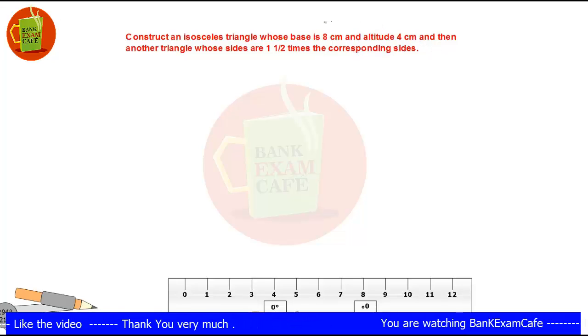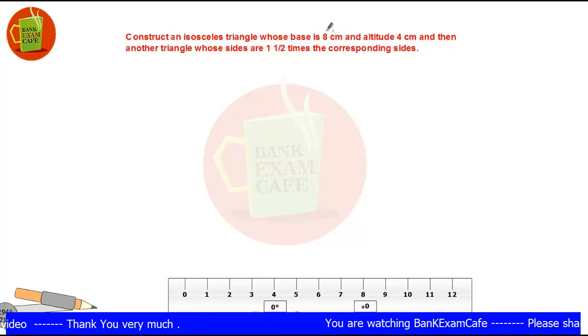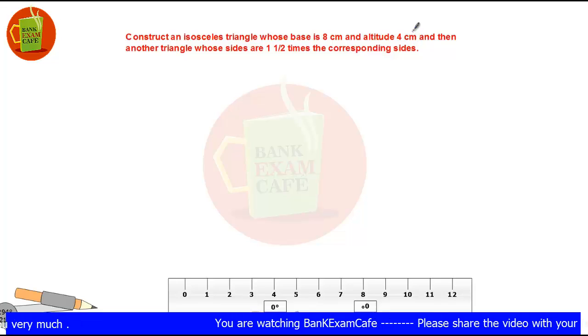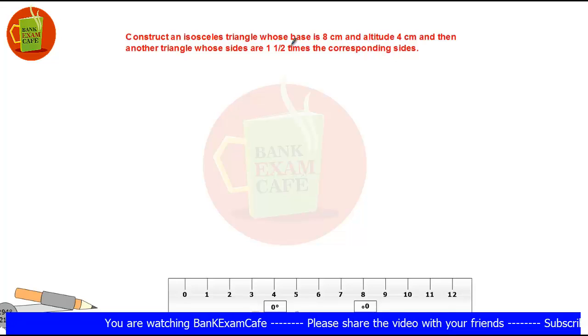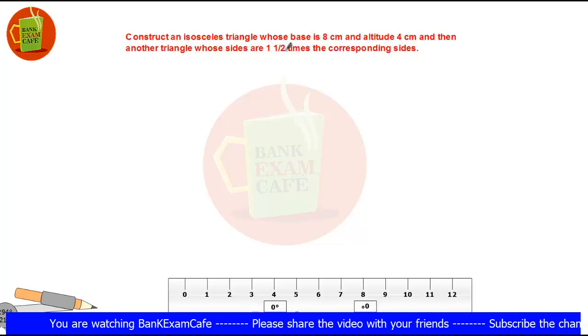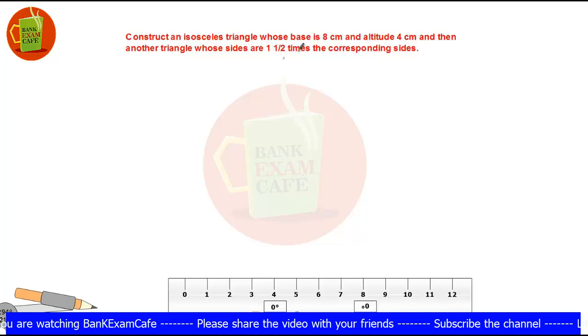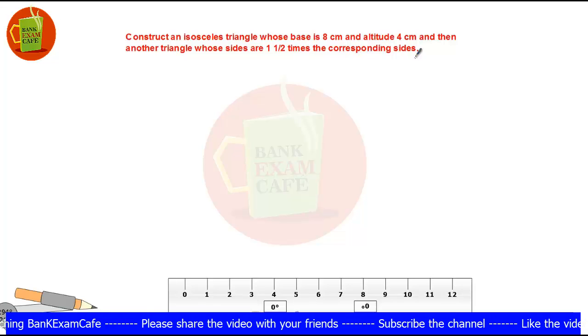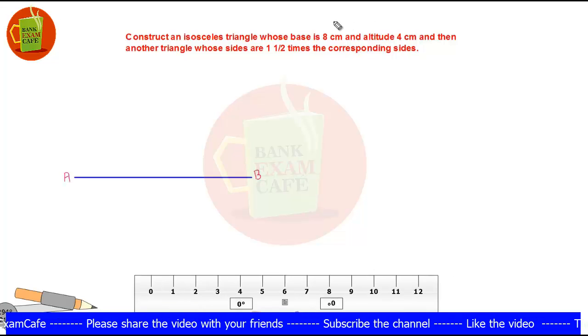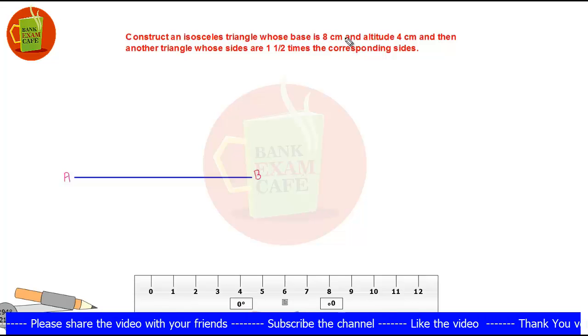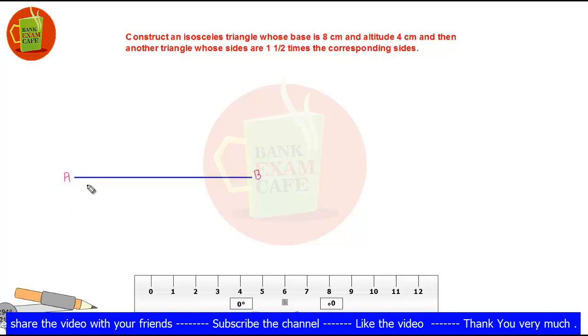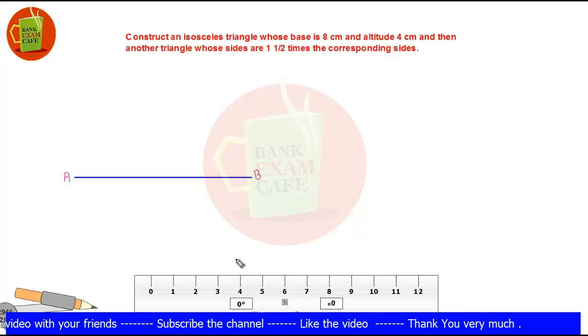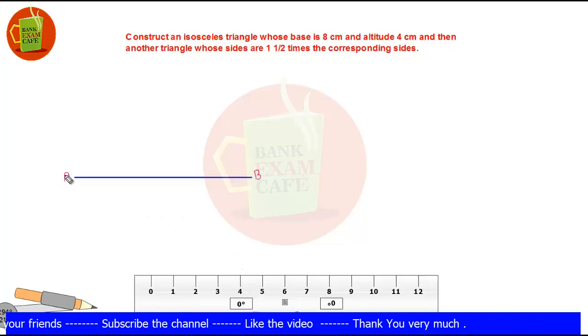Now here the base of the triangle is given as 8 cm, altitude of the triangle is given as 4 cm, and we have to construct another triangle whose sides are 1 1/2, it means 3/2 times the corresponding sides. Since the base is given as 8 cm, first draw a line segment with the help of a scale of 8 cm, name it as AB.